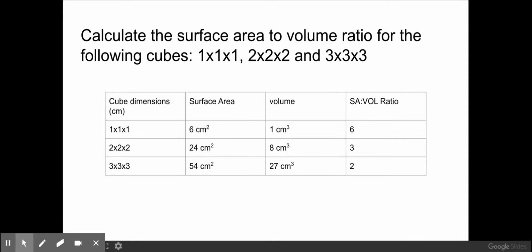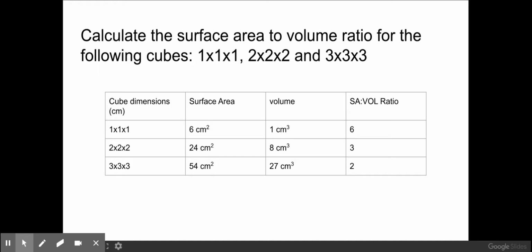So if we have 3 cells, or 3 cubes, and their dimensions are 1 by 1 by 1 centimeter, 2 by 2 by 2, and 3 by 3 by 3, and you calculate the surface area of each, you get 6, 24, and 54.